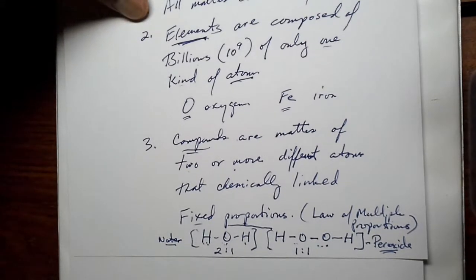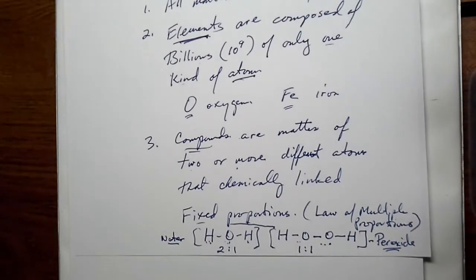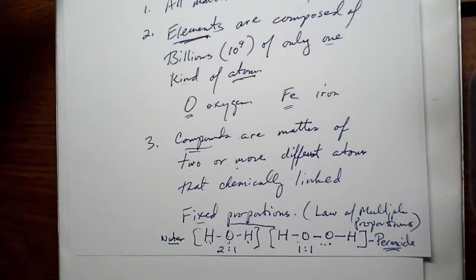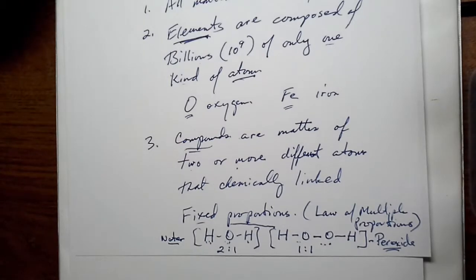Alright, so let's move on to understand how atoms are arranged, and then we'll talk about some of those properties that make up an atom, those subatomic particles, not elements, that make up an atom.